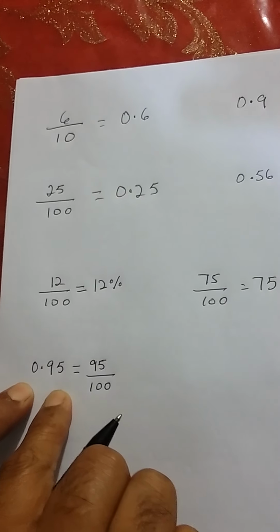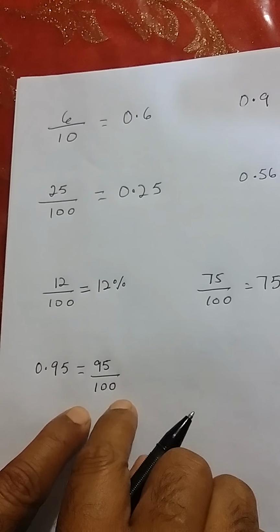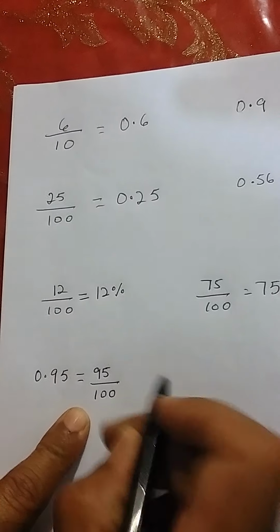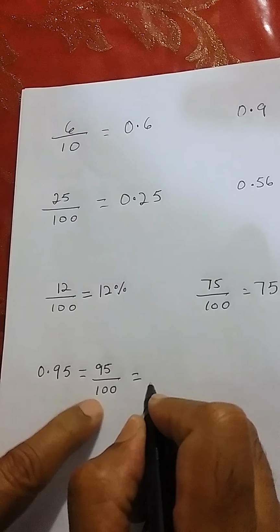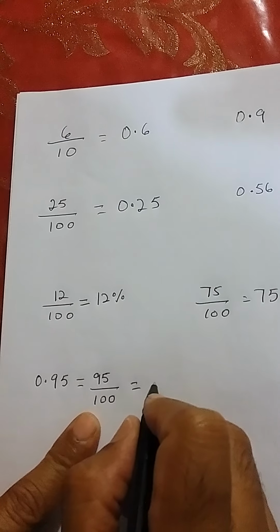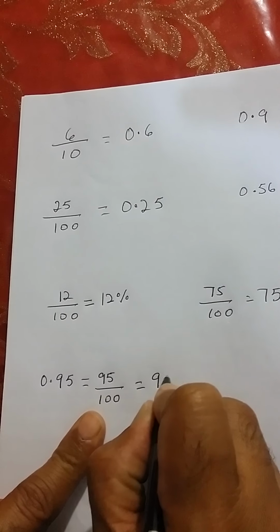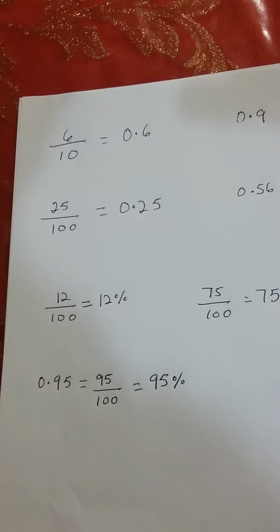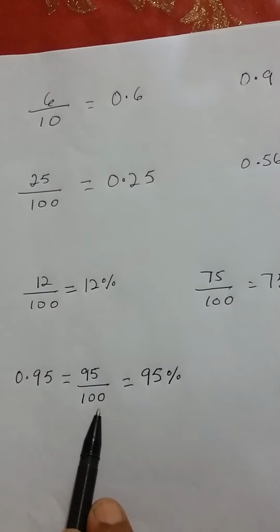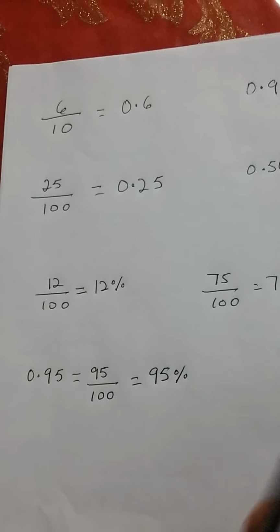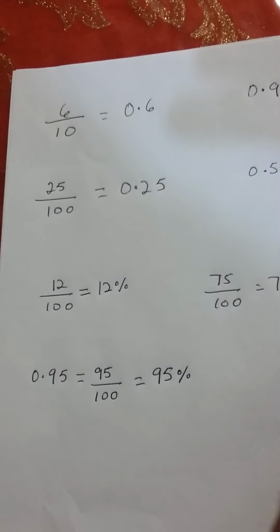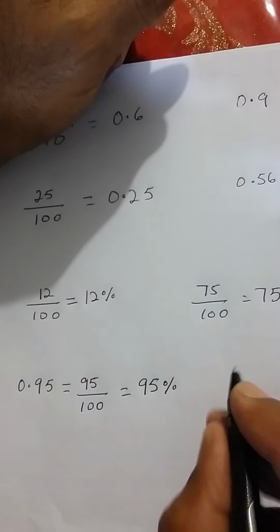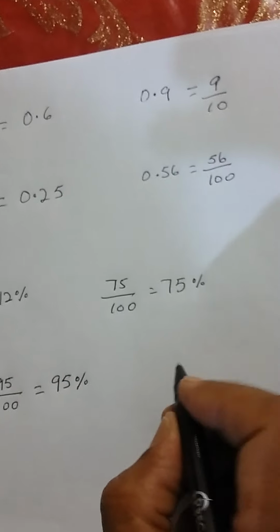So from your decimal, you write your fraction. And now that you have your fraction, you can simply say 95 hundredths is really 95%. So here we are seeing that our fraction, our decimal, and percentages are related. I always say they are triplets. They are like brothers.